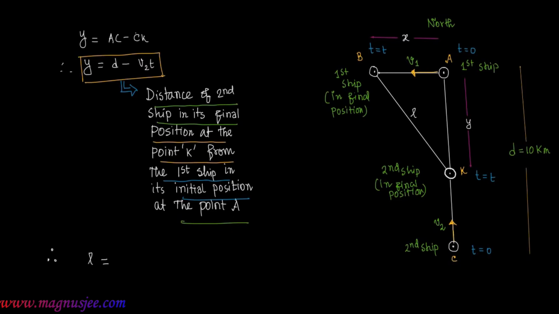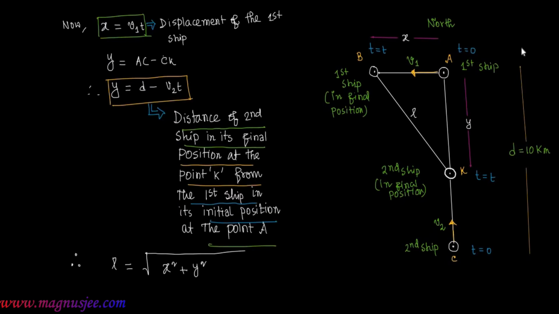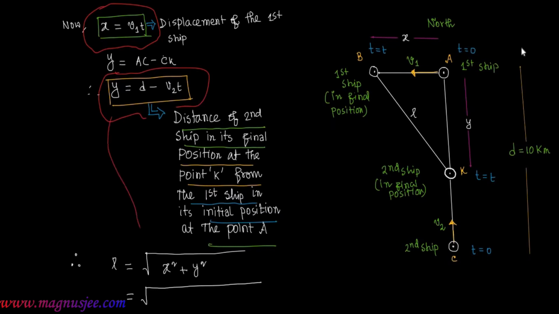Therefore, the distance of closest approach, or the distance of the first ship in its final position to the second ship in its final position, is L, which is equal to root over x square plus y square, and we know that x is equal to v1t and y is equal to d minus v2t.